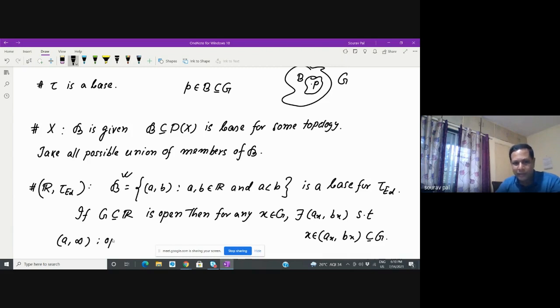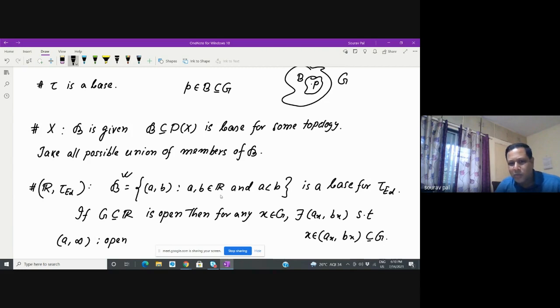So this is open, but it is not there in this collection. You understand, a base could be smaller than the original topology. The original topology always is a base, but this is something smaller.